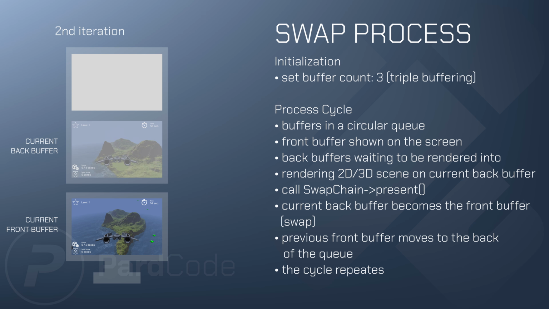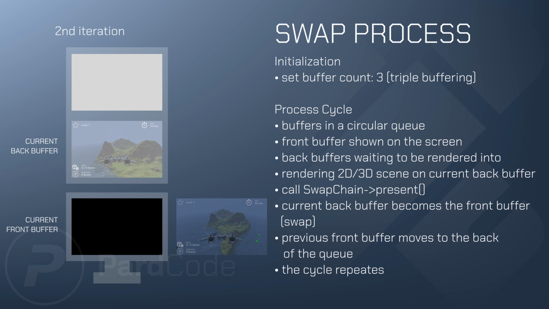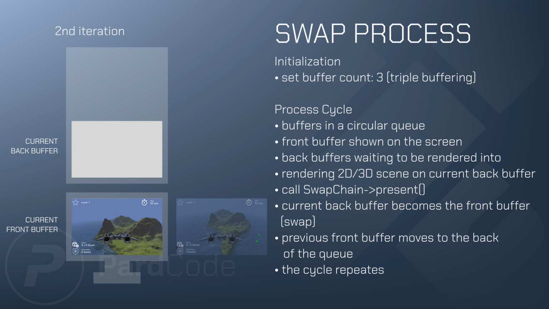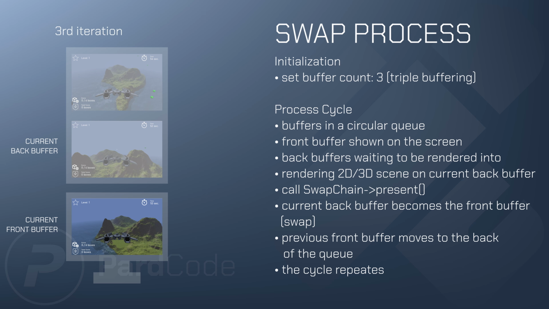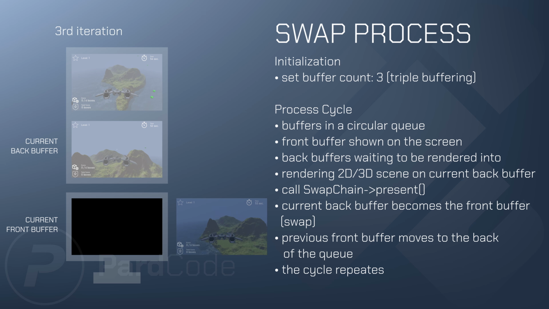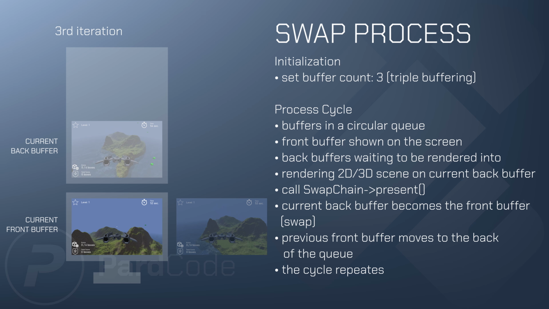At some point, we render our 2D or 3D scene into the current back buffer. Then, when we call the swap chain's present function, the current back buffer in the queue becomes the front buffer, and the current front buffer moves to the back of the queue, becoming a back buffer again. This cycle continues each frame.